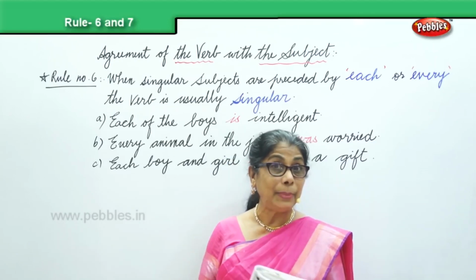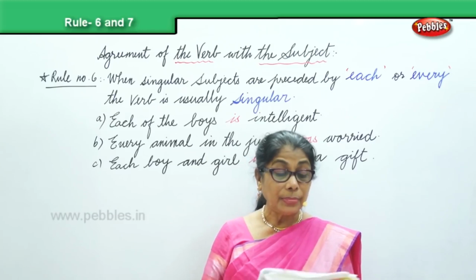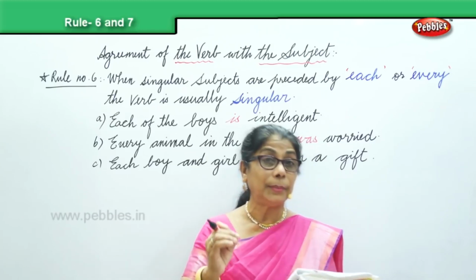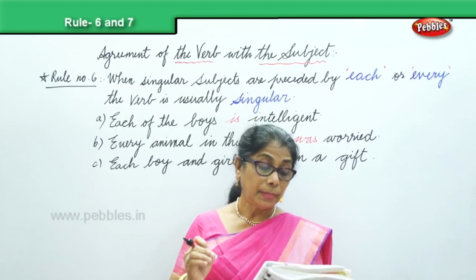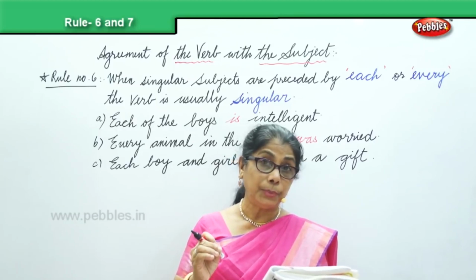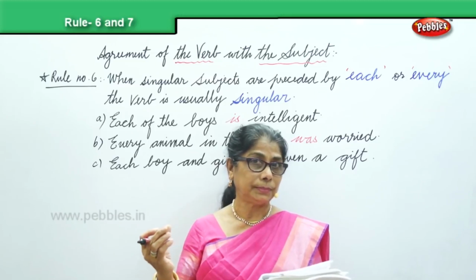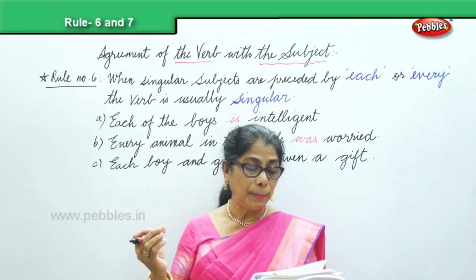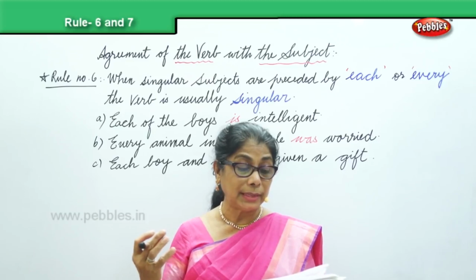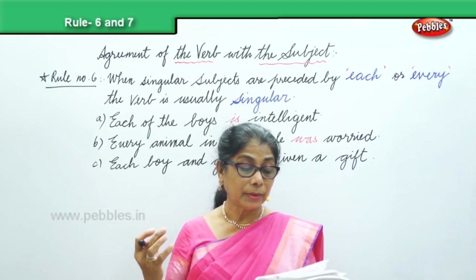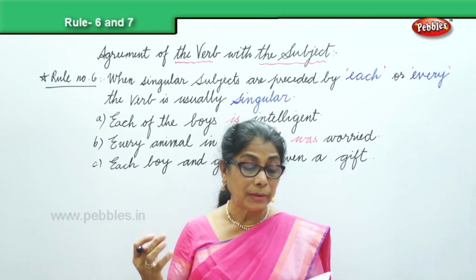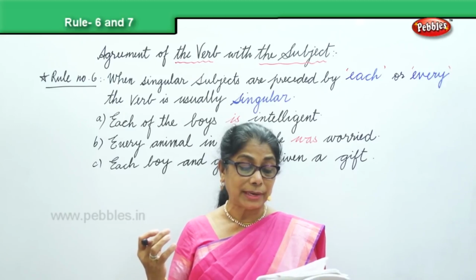Let's look at the example, then you will know. The quality of the books was not good. We're talking about a plural noun, a number of books. A plural noun comes between a singular subject.